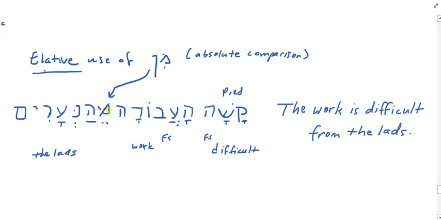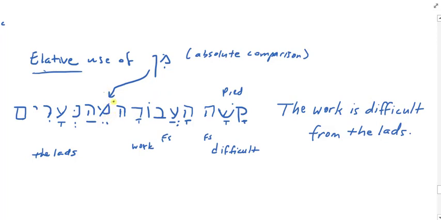And now I have a min preposition attached to the article plus the plural of na'ar, me ha-na'arim. If I were to translate this as from, then I would have a sentence like the work is difficult from the lads, which ends up giving you a rather nonsensical sentence. So obviously this can't be the separative sense of min where it means from.